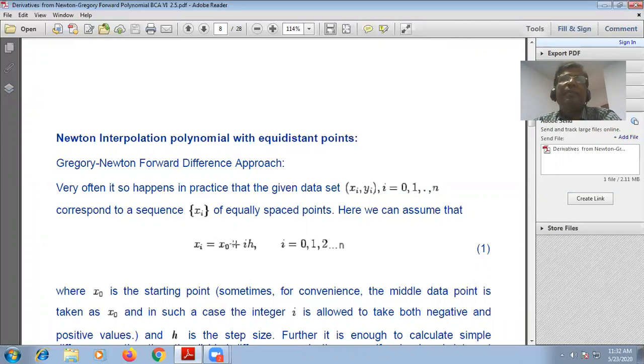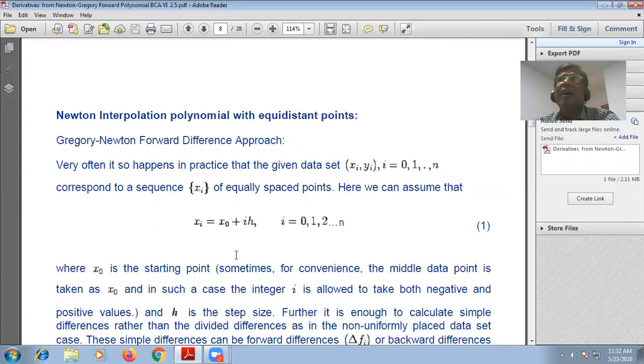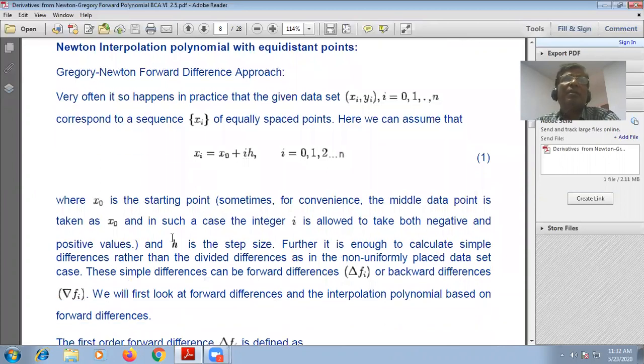Similarly, we assume xi is equal to x naught plus ih, where x naught is the starting point and h is the step size. Step size means, as I told you, like the common difference.